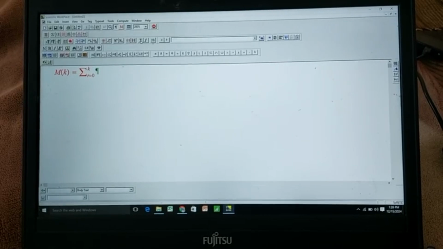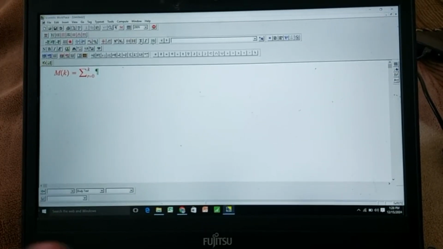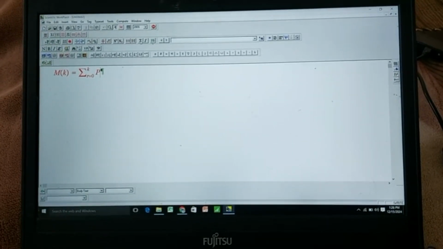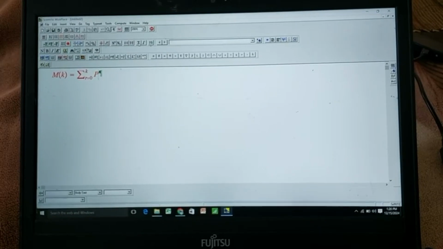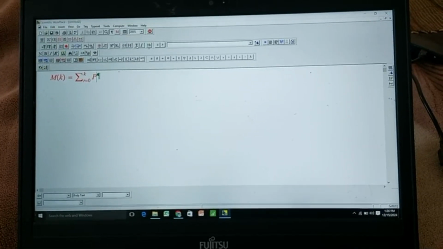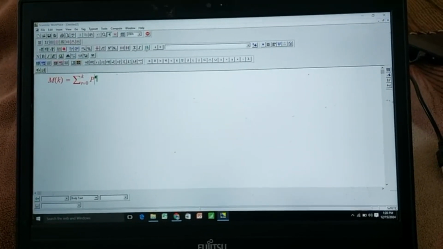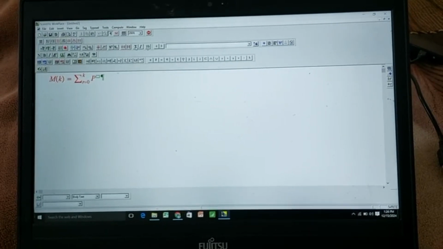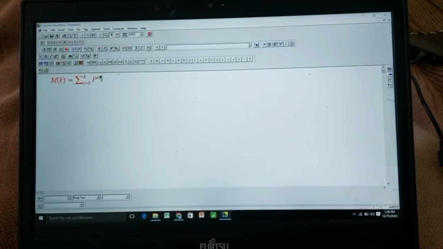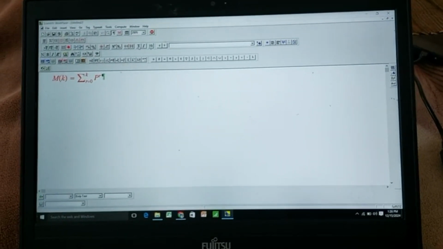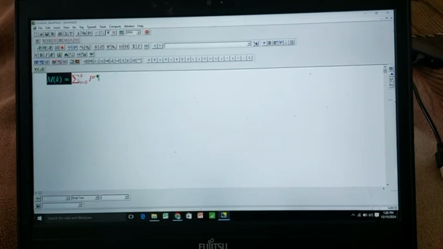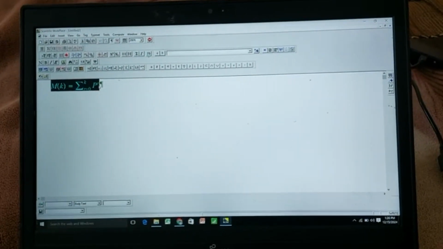Now I need to define the transition probability. This is by capital P, raised to the power of r, so Control H, writing r and space bar. Now I need to define it, so selecting it and Control equal to.